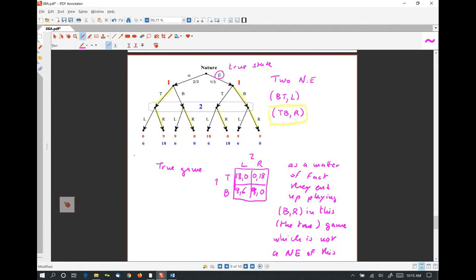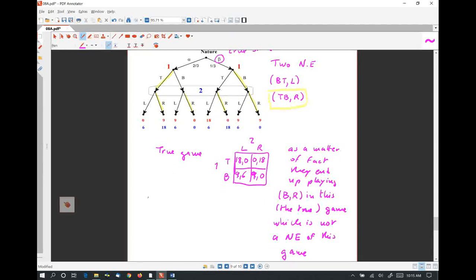What seems to be more puzzling is the fact that the strategy of player 2 tells us, so one strategy in the extensive game is TB, right?